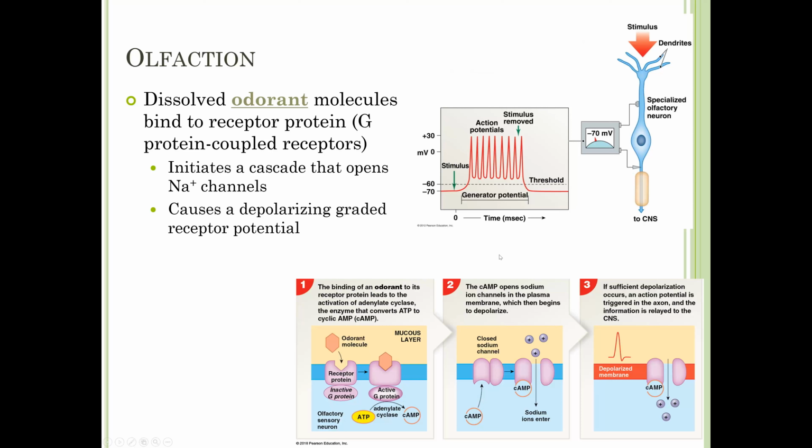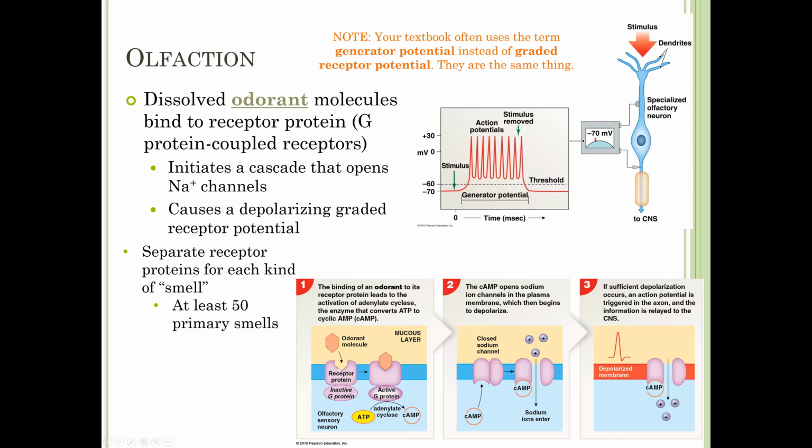I also want to point out that in your textbook, you'll often see the term generator potential instead of graded receptor potential, but they are the same thing. So when you see generator potential, you can think graded receptor potential. As these sodium channels open, you get this graded potential, and if it's enough to reach threshold, you get action potentials. The action potentials can then be passed down along the axon to the central nervous system.